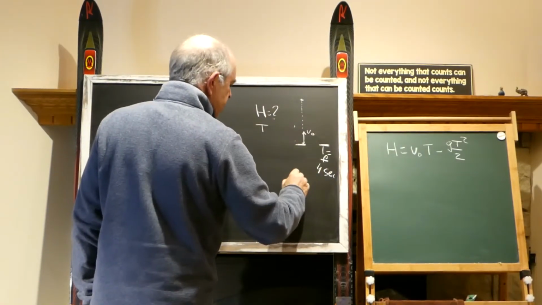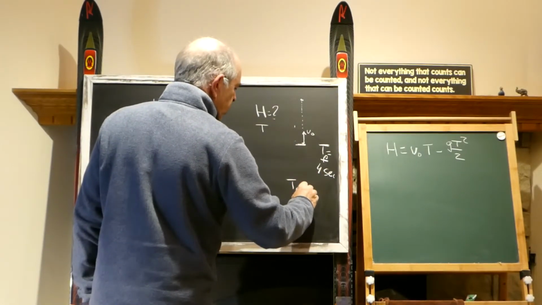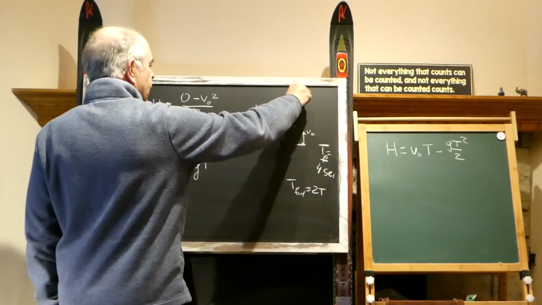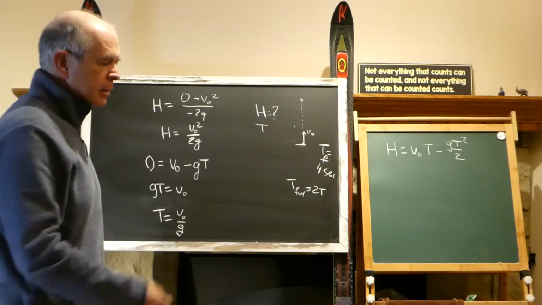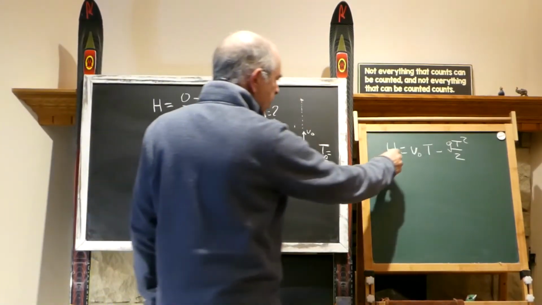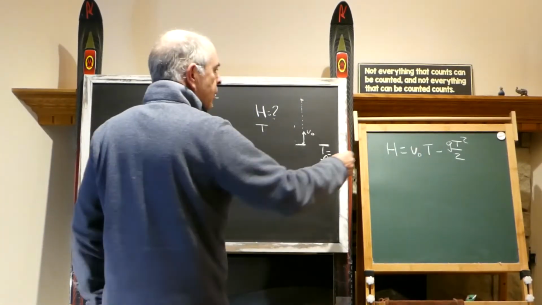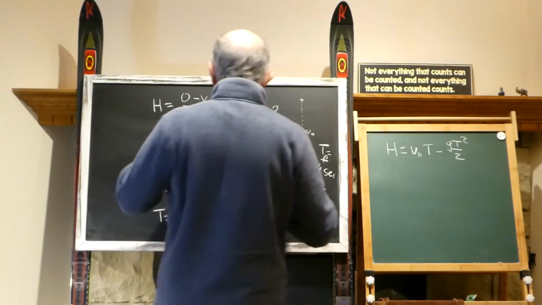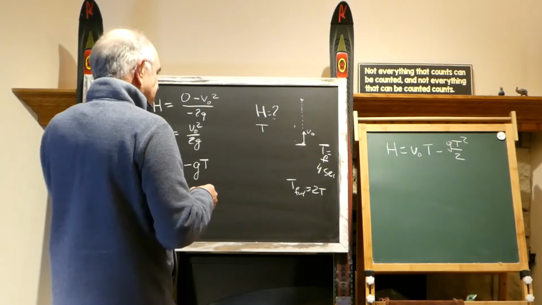Full time, of course, is 2t, because it goes up as fast as it goes down. So h equals v0t minus gt squared. We can put it here, and we will receive this formula.